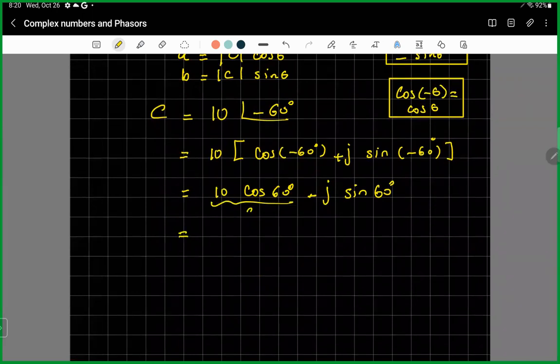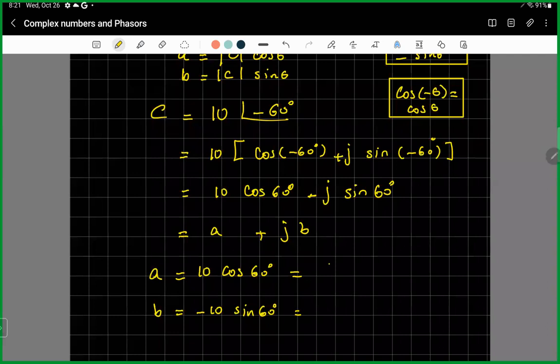So this is your A and this is your B with the negative. Let me go another step. We know that C is equal A plus JB. So your A is equal 10 cosine 60 and B is equal negative 10 sine 60. 10 cosine 60, I will go ahead and do it in my calculator, and you can do it to check if I did any mistake.